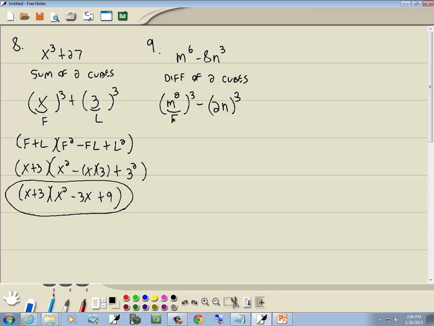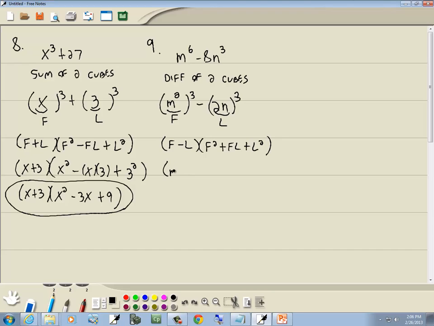And this is the formula again. I'll label that as F for what's my first set of parentheses. I'll label that as L for what's my last set of parentheses. So our formula is F minus L, F squared plus FL plus L squared. And now everywhere we have an F, we'll plug in m squared, and everywhere we have an L, we'll plug in 2n.